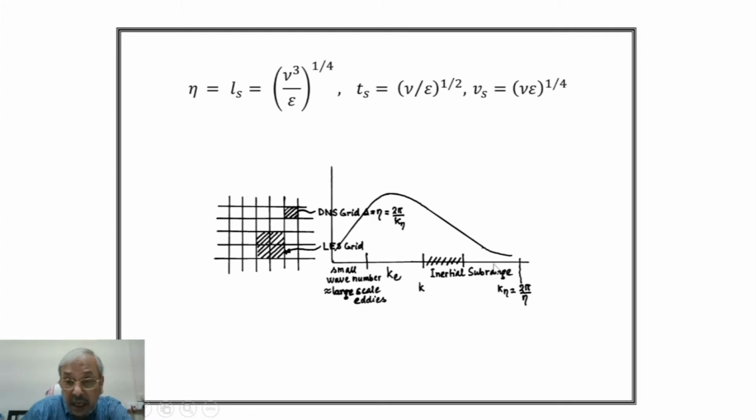The scales that correspond to high wave number are small; the highest wave number is the smallest. So we can have grids larger than that, but smaller than the energy containing eddies.